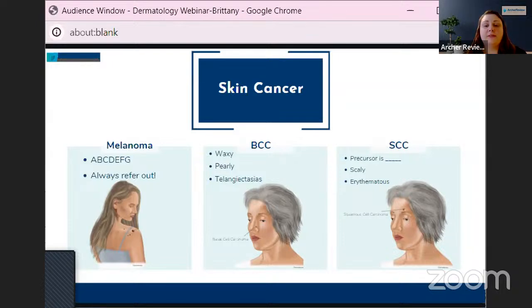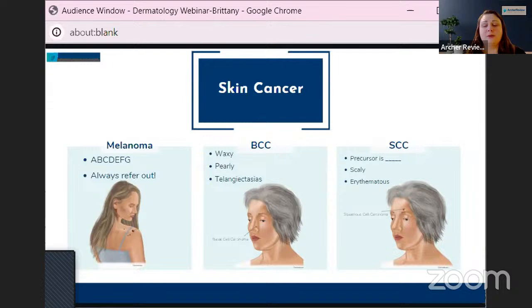And really and truly, if they have a ton of these, I'll send them to dermatology as well, just for yearly skin checks. So if somebody just has a lot of moles and I really don't know them that well and we've just met and maybe they're getting a little older and I'm just not real sure, I'll just go ahead and make a dermatology referral. Because you never know what's going to come out of what.